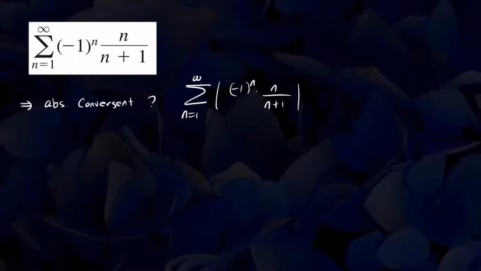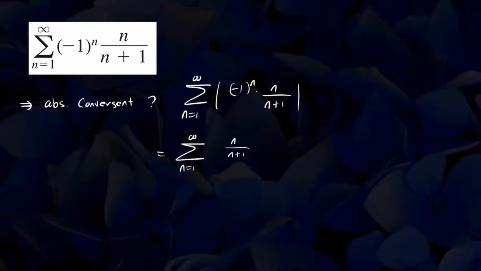So that will throw away the negative term. So we're simply looking at the series from n equals 1 to infinity of n over n plus 1. Now here you can also throw away the absolute value because these terms are positive. So let's just take a look at that.